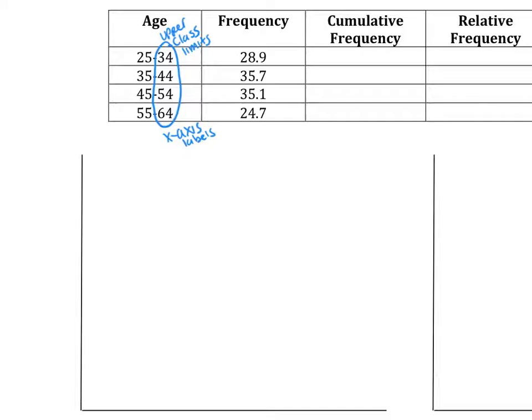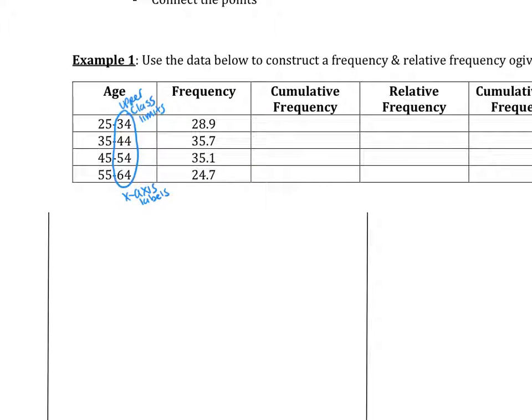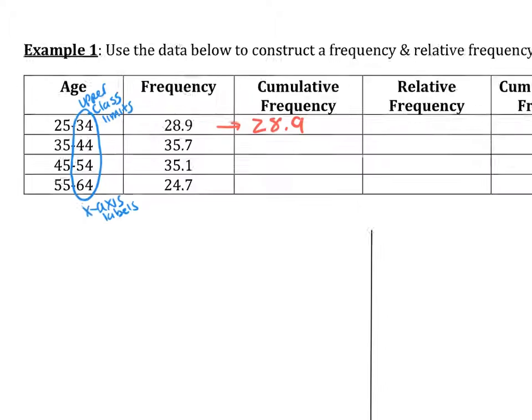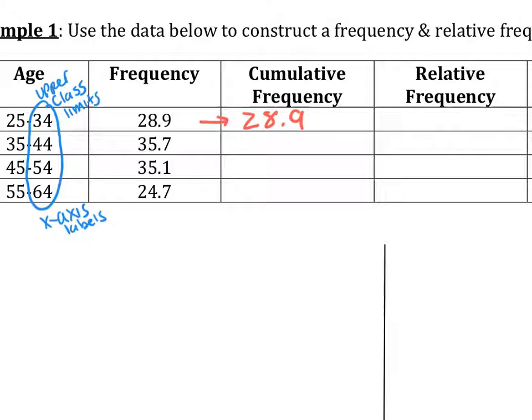And then when we're doing our cumulative frequency, we take our frequency and we just keep adding as we go down. So then we'd have 28.9 plus 35.7, which will be 64.6. Then plus 35.1, and then plus 24.7.